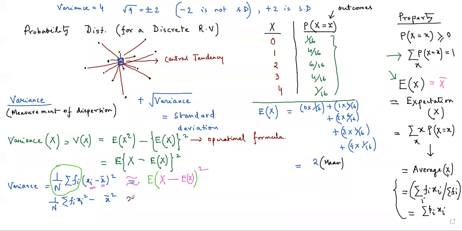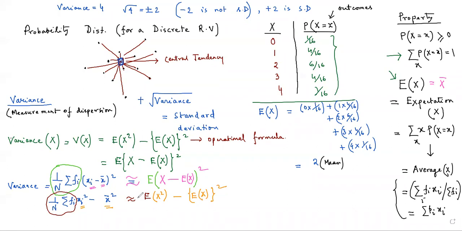In place of 1 by n summation Fi, you put expectation E. In place of Xi, you put capital X, so it will be X square. And X bar is nothing but EX, so in place of X bar I put EX, and that will be squared.